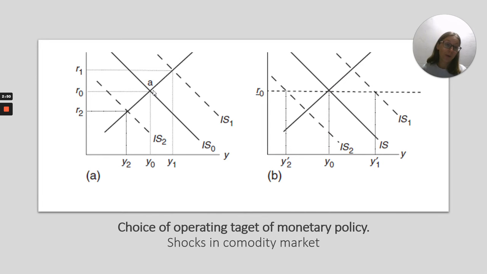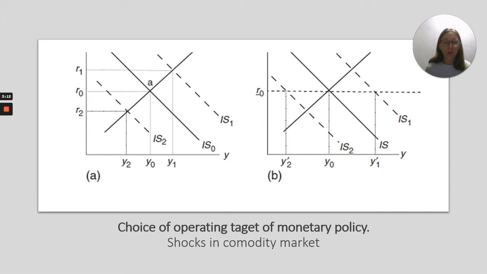In the case of a positive shock, the IS curve shifts to the right, and in the case of a negative shock, the IS curve shifts to the left. And so let's assume we have this negative shock. What we have now in most of the economies in the world.